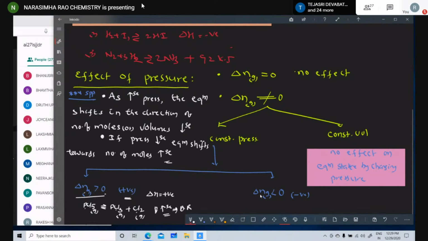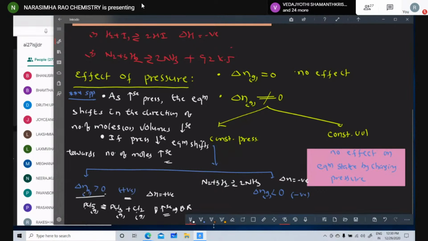In case of this one, N2 plus 3H2 is in equilibrium with 2NH3. All are in gaseous state, of course. Now delta n is negative.